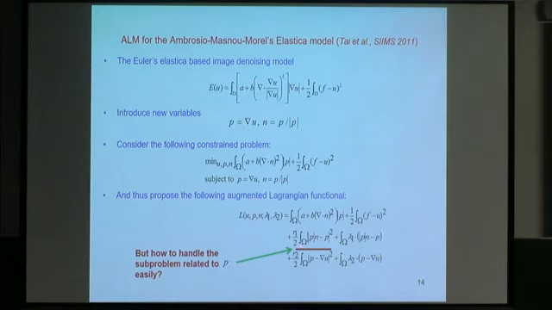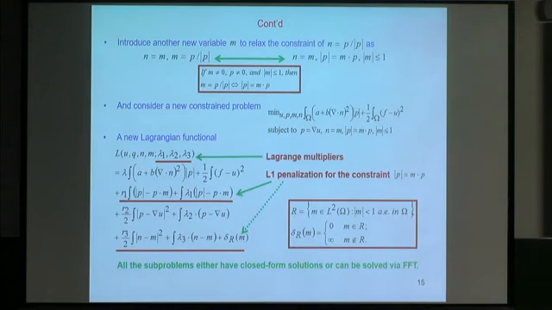So in Tai's paper, to relax this constraint, they introduce another variable called m. They let n equal m, and m equal p divided by the length of p.